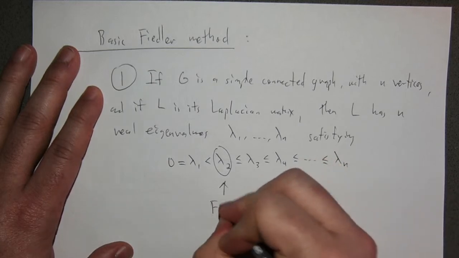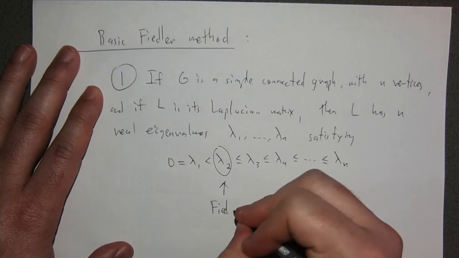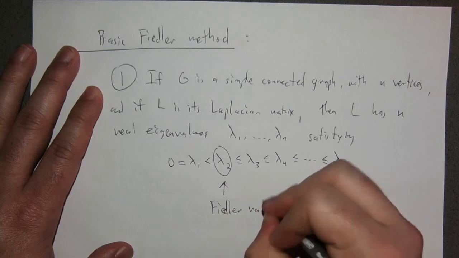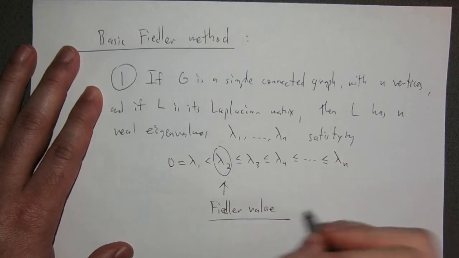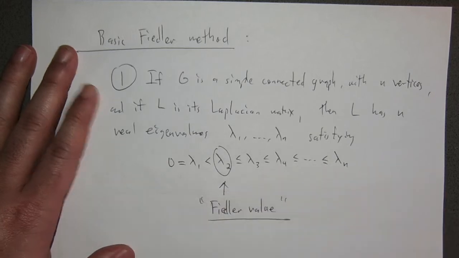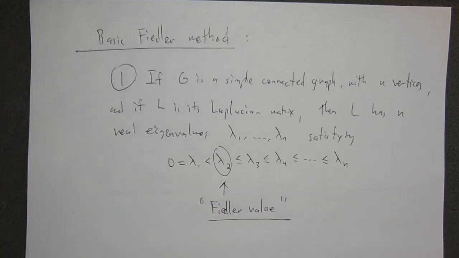This is called the Fiedler value. So this second eigenvalue is called the Fiedler value. It's the smallest positive eigenvalue that this Laplacian matrix has.